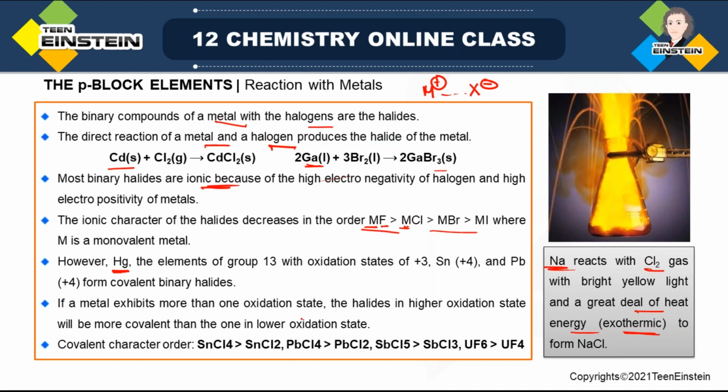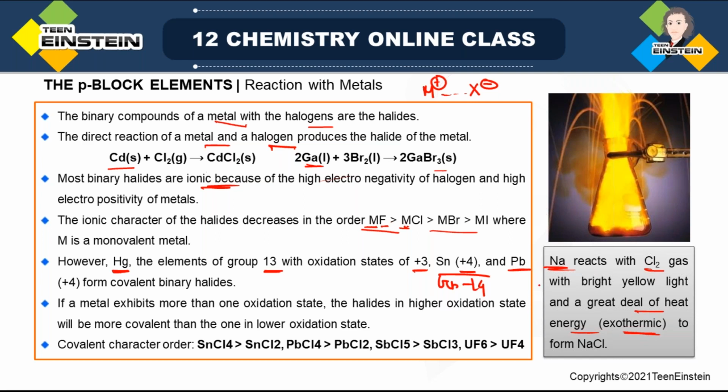However, Hg, that is mercury, and also the elements of group 13 where oxidation states are +3, tin with +4 from group 14, and Pb, lead, also from group 14.